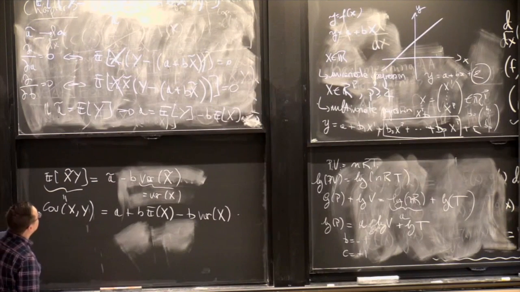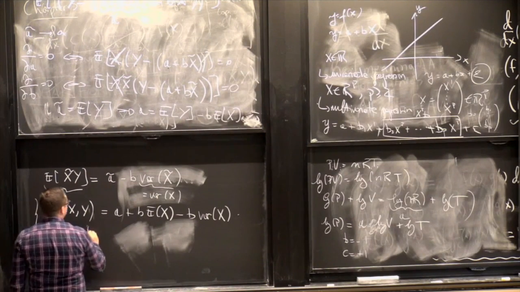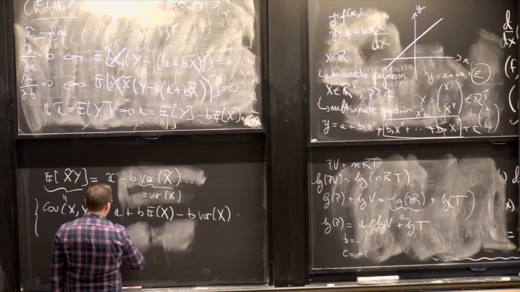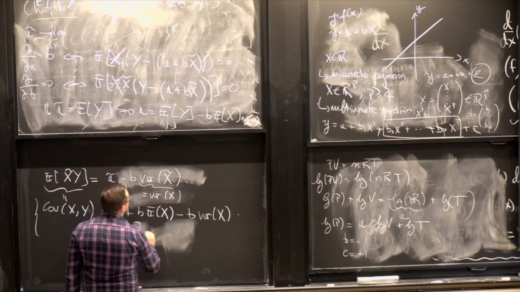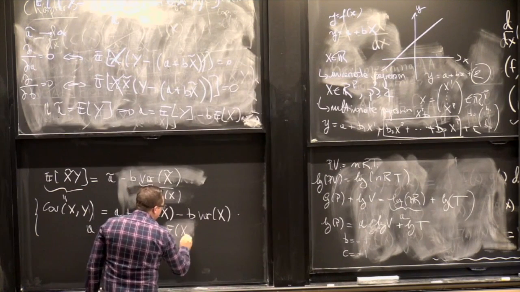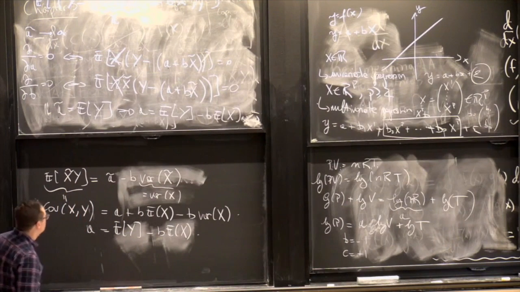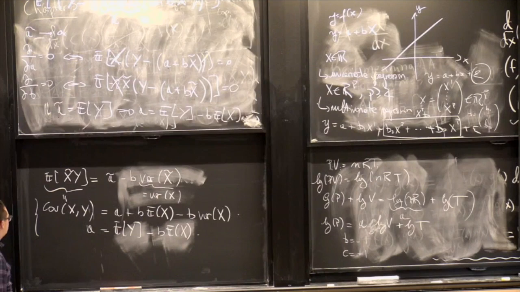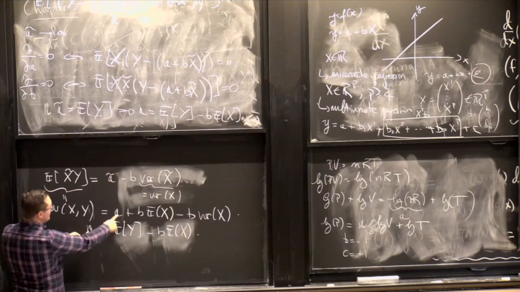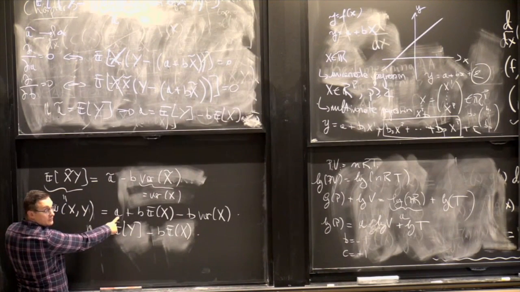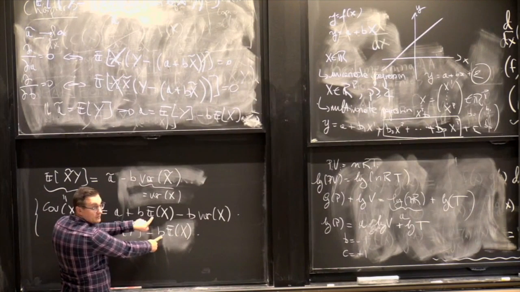And I also have that a is equal to expectation of y minus b expectation of x. OK, so if I sum the two, right? If I sum the two, those guys are going to cancel. Those guys are going to cancel.